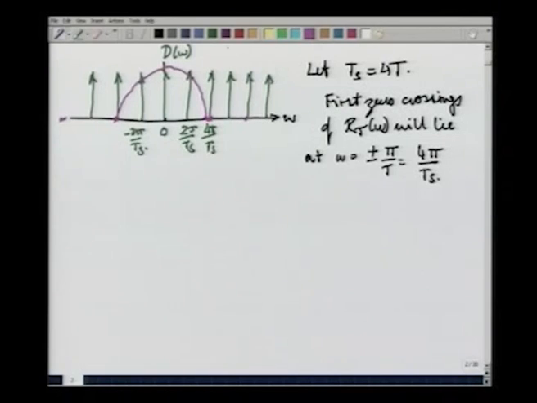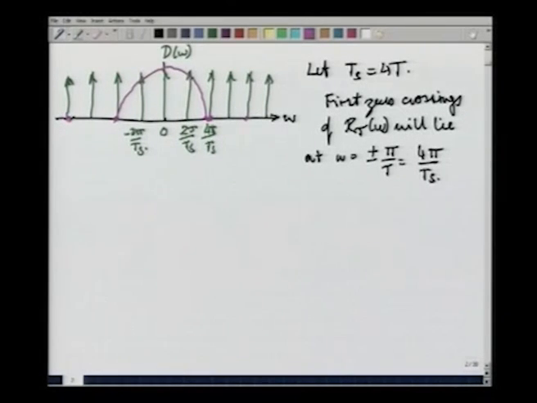Let me put one more. So this is the next place where you will find the zero crossing of this function.